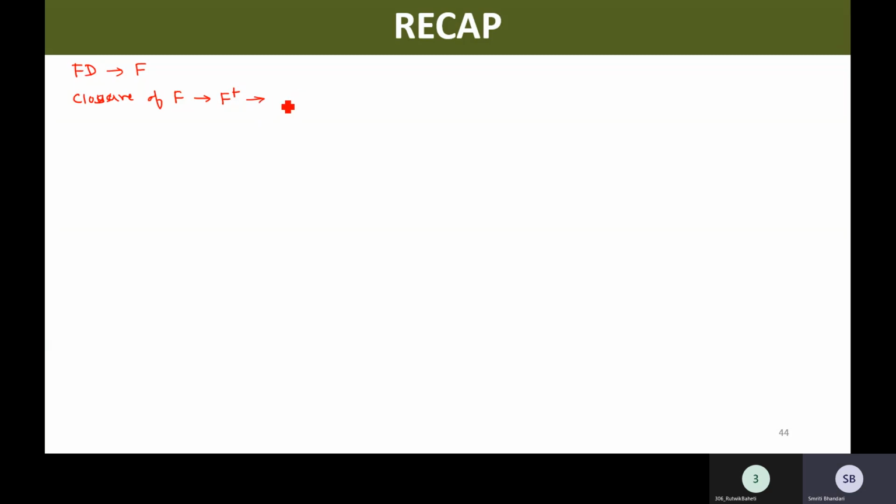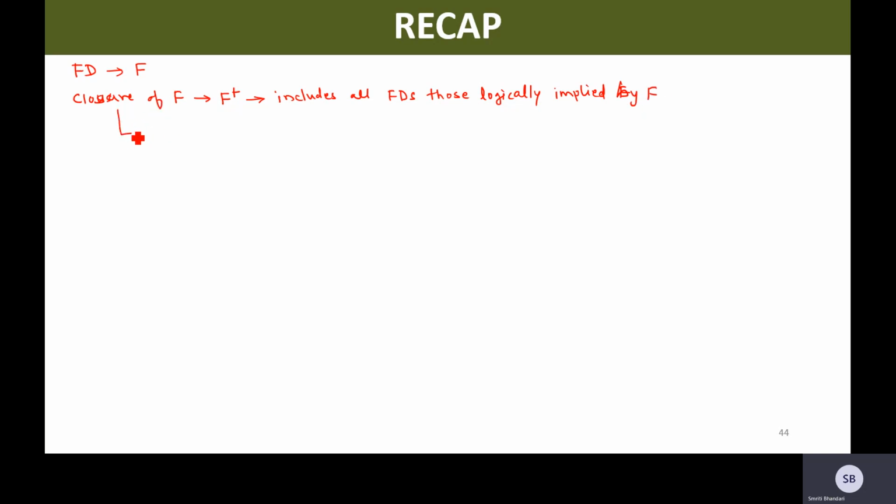So this F plus includes all functional dependencies that can be logically inferred or logically implied by the dependencies in F. So logically implied by F.